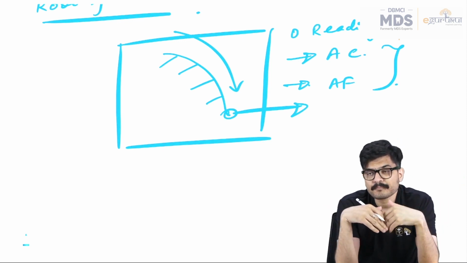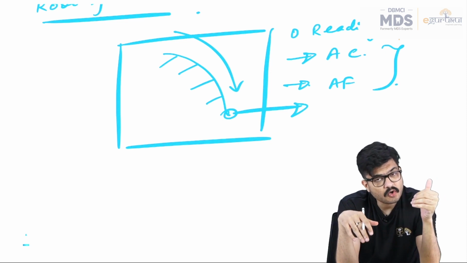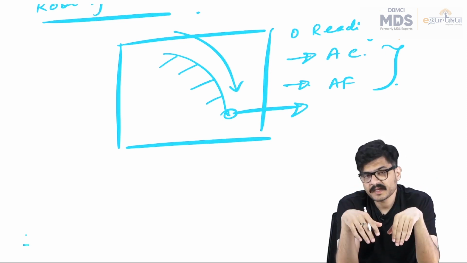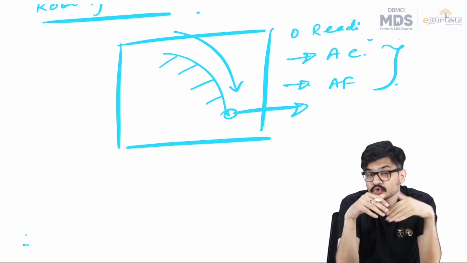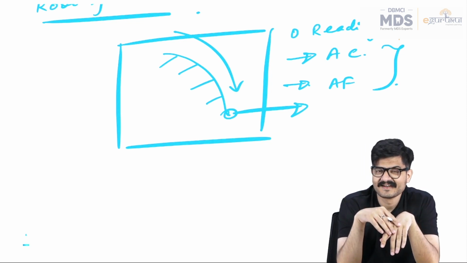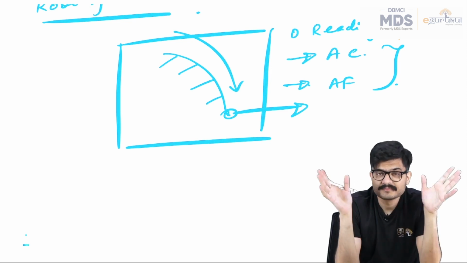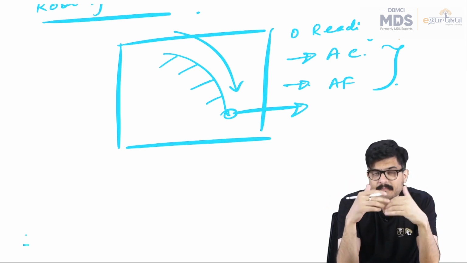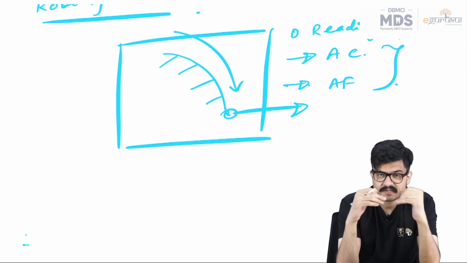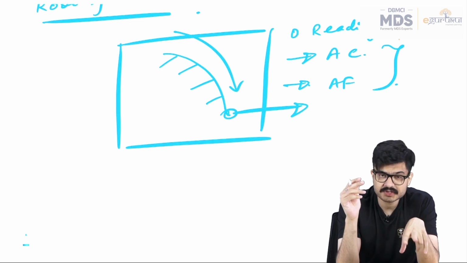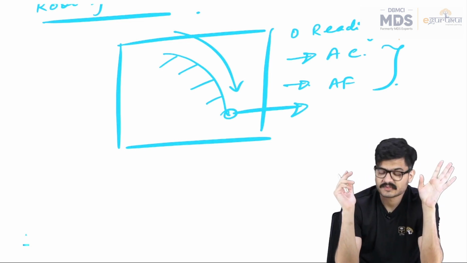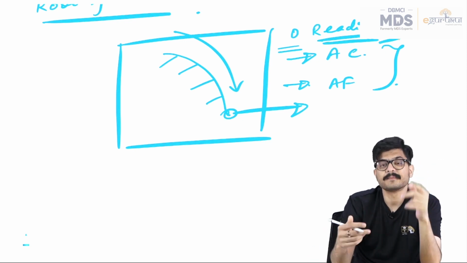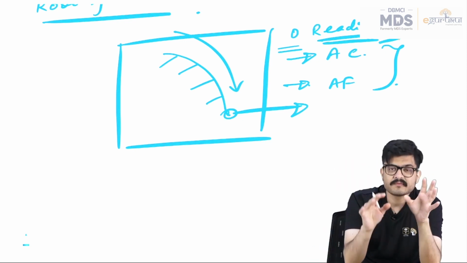Only when the file moves beyond the apical constriction and into the PDL space, that is somewhere close to the apical foramen, then only it starts to beep, right? So despite the fact that some manufacturers will say there are apex locators so accurate that it will determine the apical constriction, the zero reading of the apex locator, the best answer here is that it would be somewhere near the apical foramen.